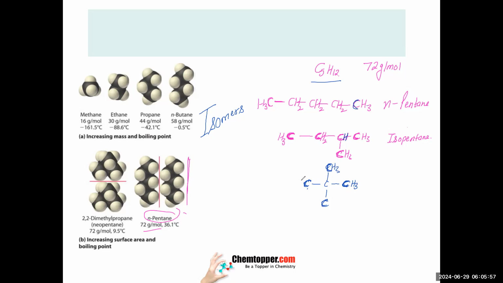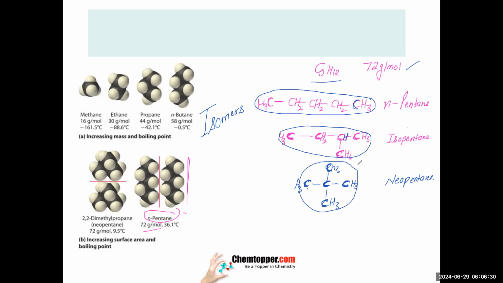This is terminal, right? And it is called neopentane. Is there any hydrogen on this carbon, children? No. Okay, this is neopentane. These are the 3 isomers of pentane with the same molar mass. Now, let's see the surface area. Which one has the highest surface area?